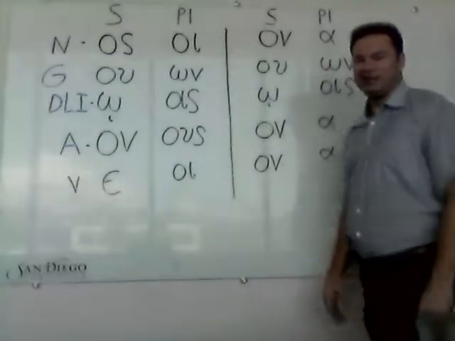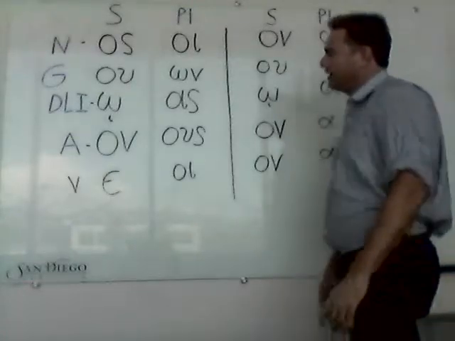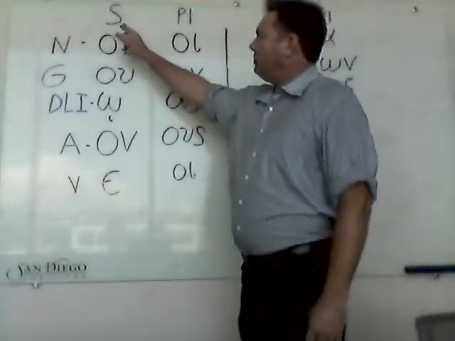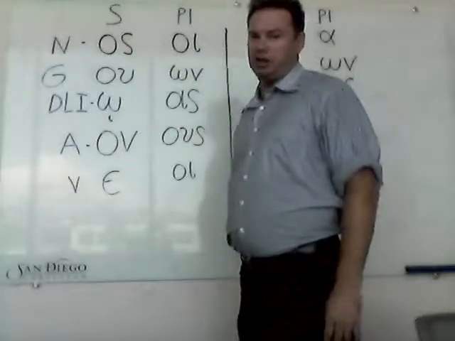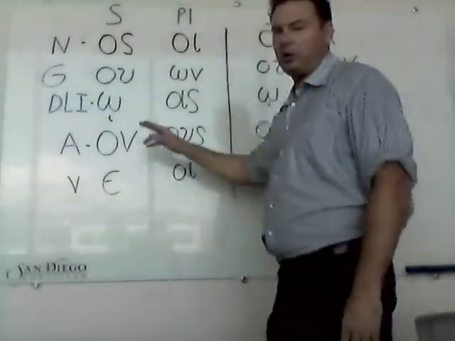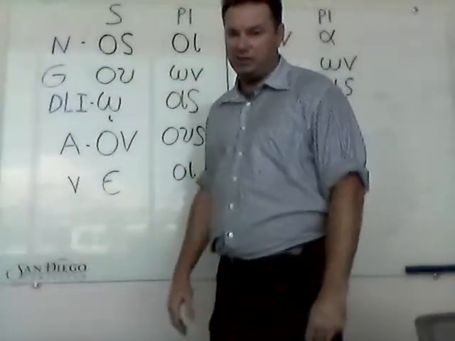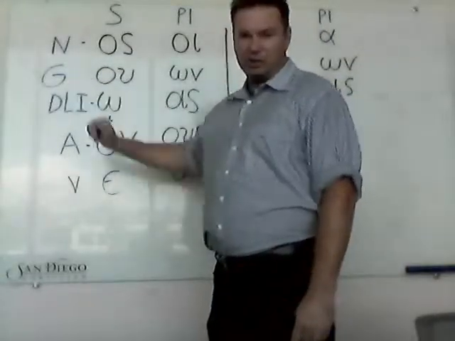All right, let's talk a little bit about what's on the board. Let me identify these charts. Up here, the S means singular. Up here, the PL means plural. These are noun endings. N stands for nominative. G stands for genitive.